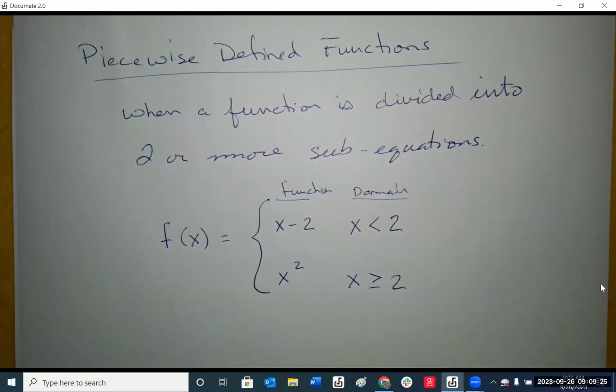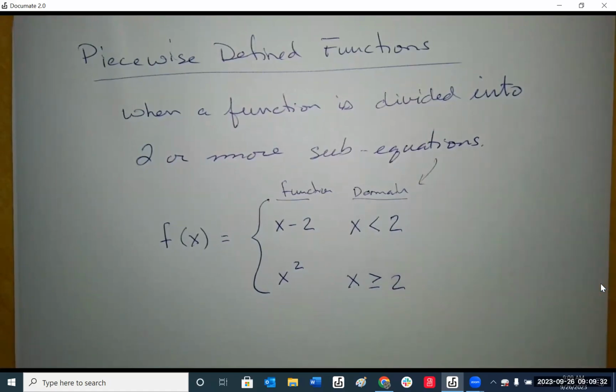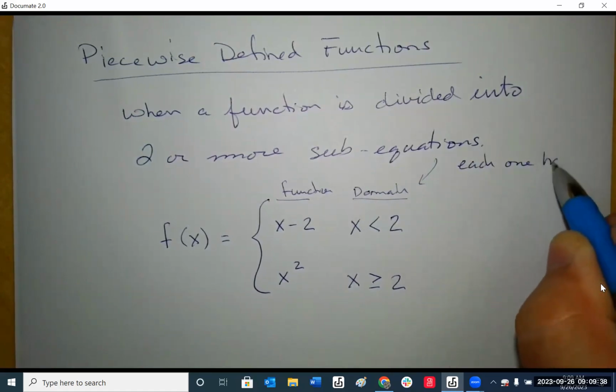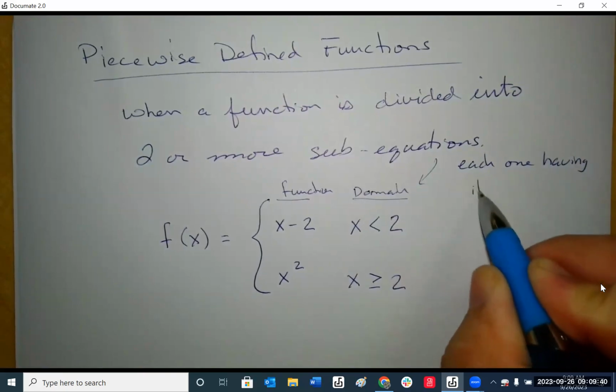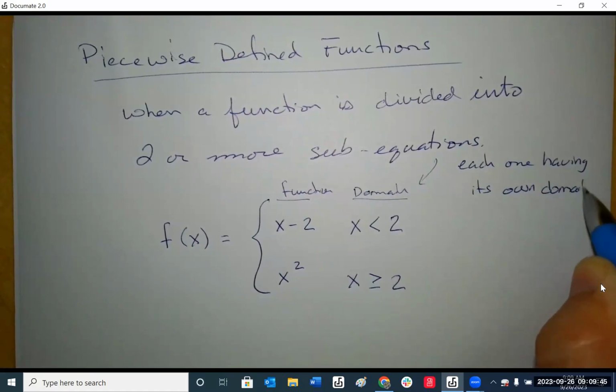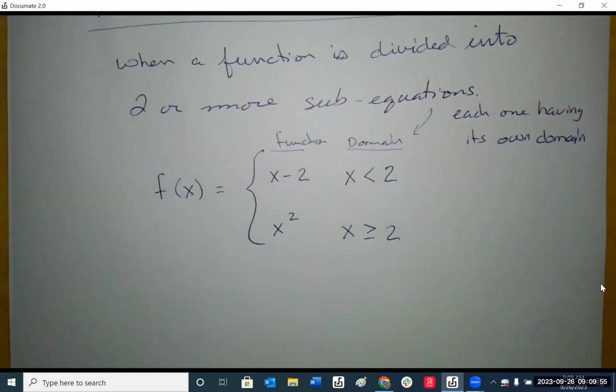So a piecewise defined function is when a function is divided into two or more sub-equations, each one having its own domain. And remember, the domain are the X values you can use. And you graph these on the same picture, on the same chart.